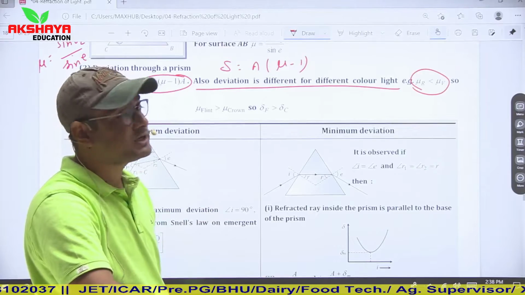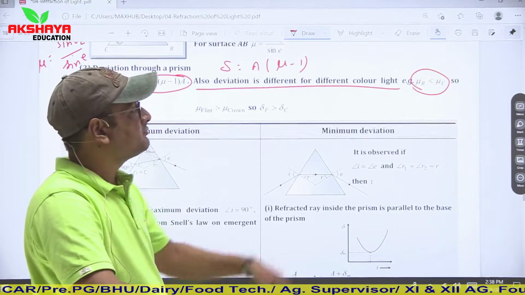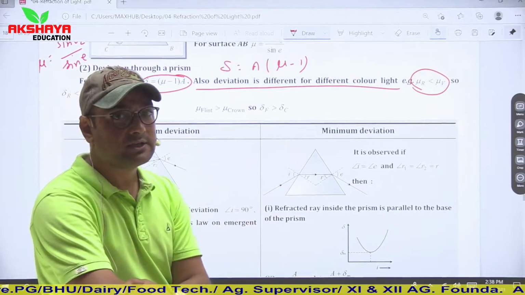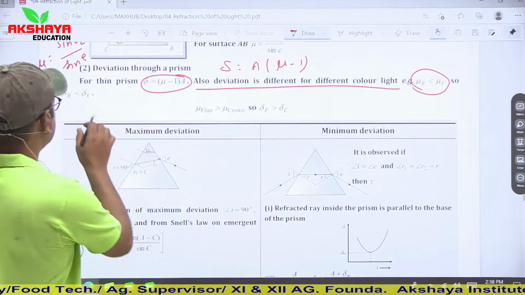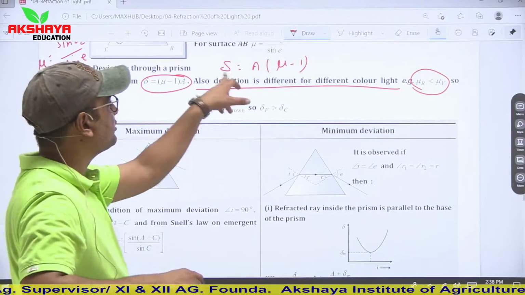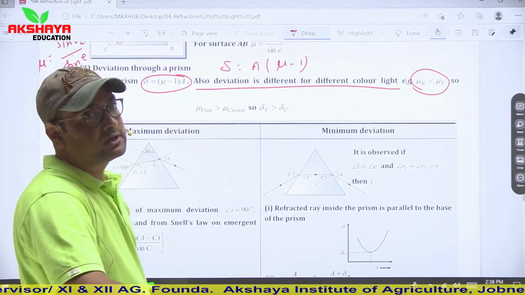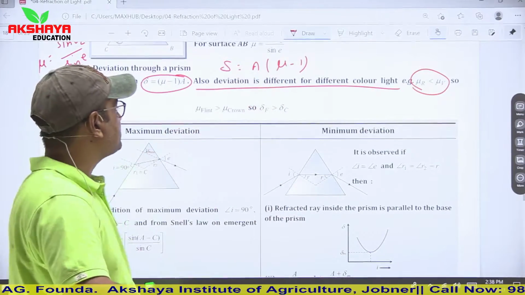We have seen by Cauchy's law that refractive index is inversely proportional to wavelength. So the wavelength of red color is high, so its refractive index will be low with respect to violet color. So deviation in violet color will also be high because del is proportional to mu. So the larger the value of mu for any particular color, the larger the deviation.